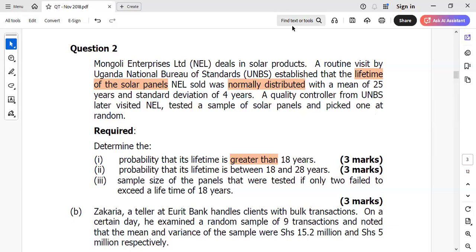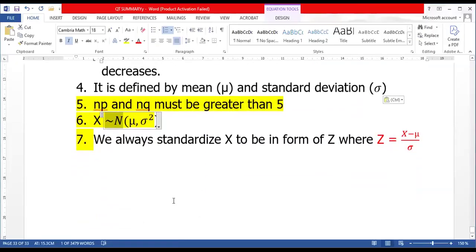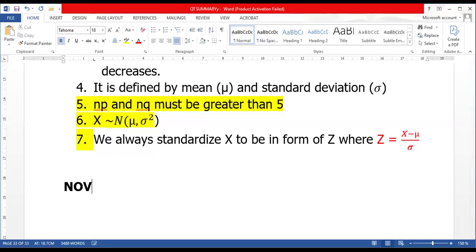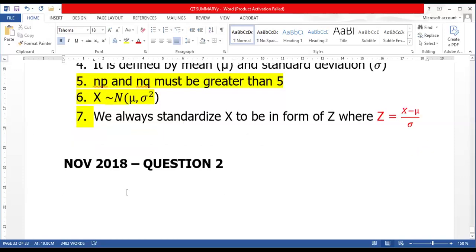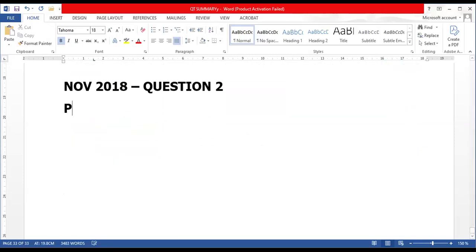So how are you going to approach this? From my concept, I am first going to say this is November 2018, question 2. So we are going to start with part A. For me to answer part A, I need to define x.